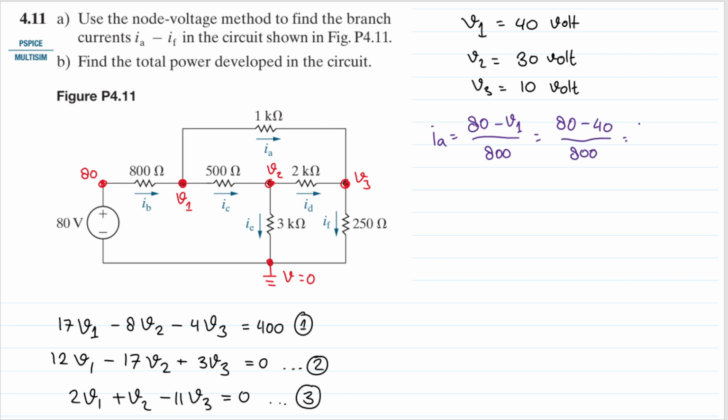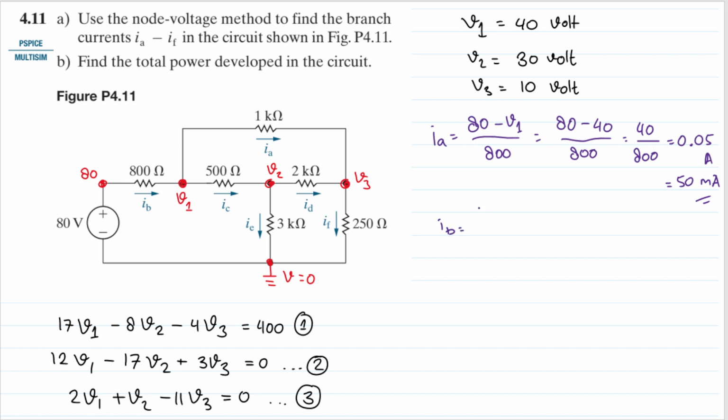So we'll have 40 divided by 800, and that will be 0.05, right? Ampere, or we can convert this into milliampere, which is 50 milliampere. That is IA.